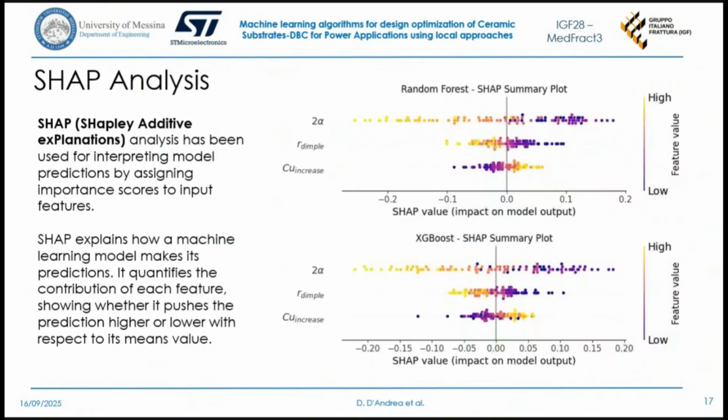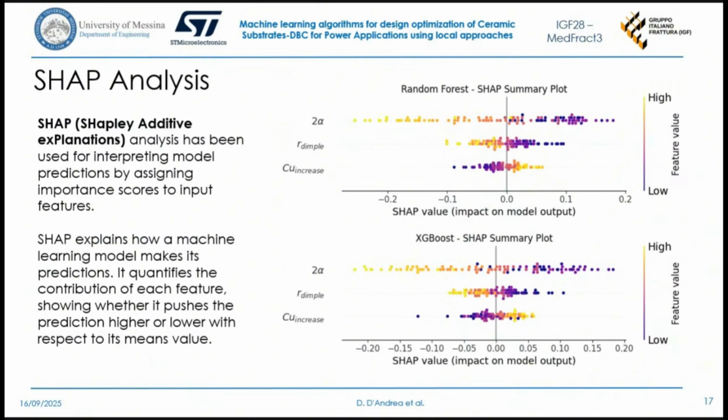And in the end, to understand how the algorithm worked, we did a SHAP analysis, which allows us to understand how the algorithm made the decision.